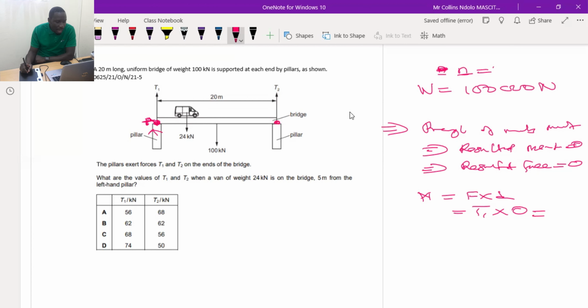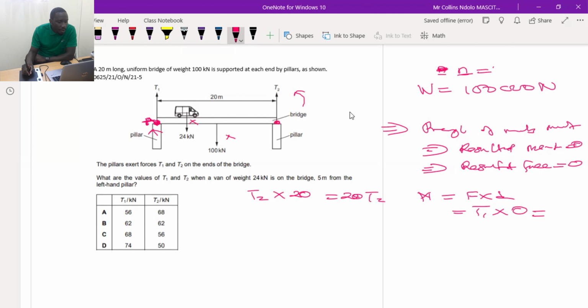If you look at T2, if you assume there is no this force and no this force and only concentrate on T2, then T2 will make this beam rotate in anti-clockwise direction. That means the anti-clockwise moment will be T2 times the distance from the pivot, so that will be 20 T2.